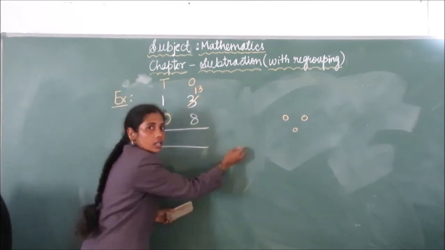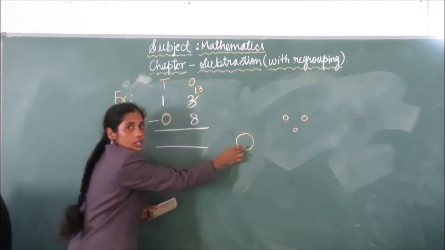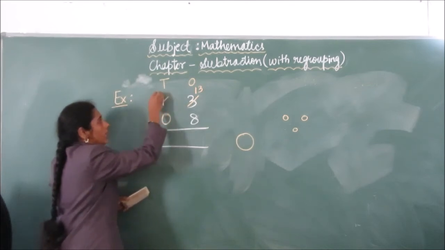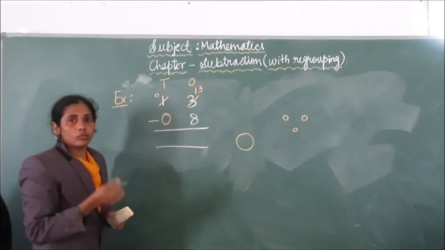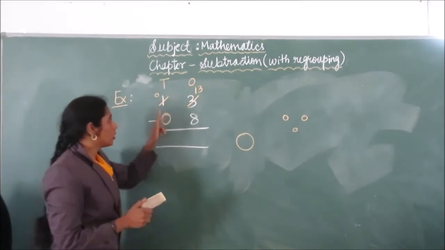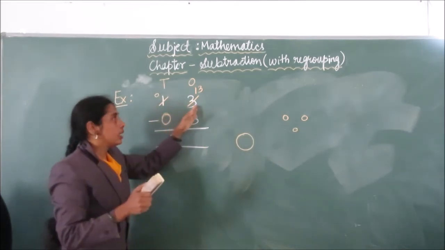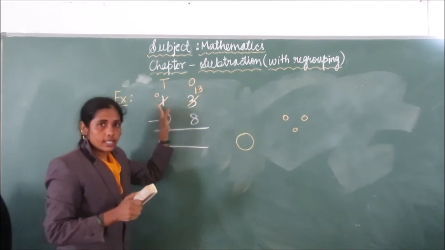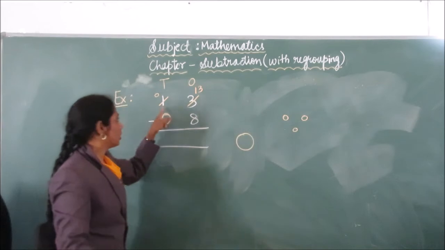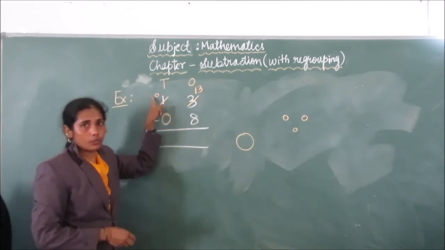Anything here in tens? 0. So the 1 will become 0. No bundle, because one whole bundle was taken from the tens place. So here the 1 became 0.